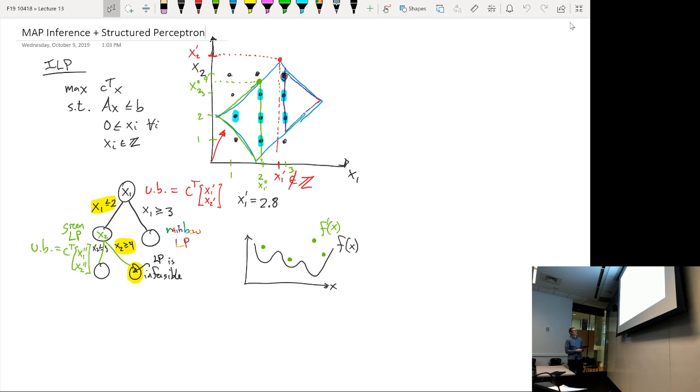So f prime of x is a non-convex function of x, but it's also not continuous. It's not smooth. It's only defined for certain values of x, and so it's definitely not a convex problem. And so in general, we have this for all of the integer linear programs that we're going to work with, that they're going to be at least non-continuous, non-smooth problems.